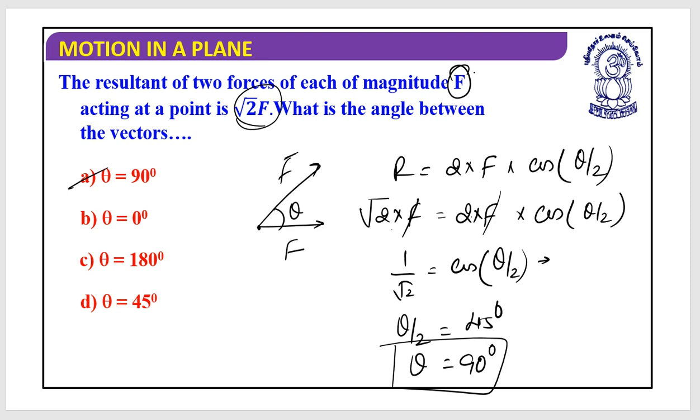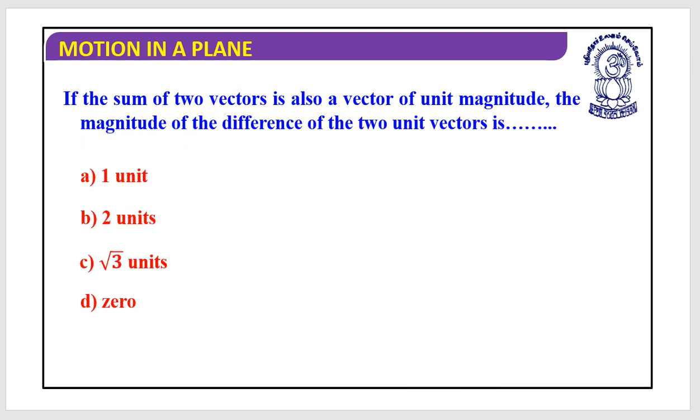Yes, I hope this is clear. Is it? Let's move to the last question of this class. Very interesting question. Go through this. It says that if the sum of the two vectors is also a vector of unit magnitude, find the magnitude of the difference of the two unit vectors.